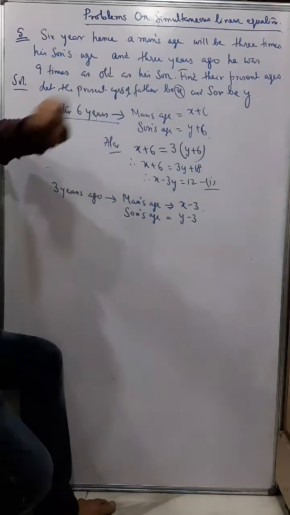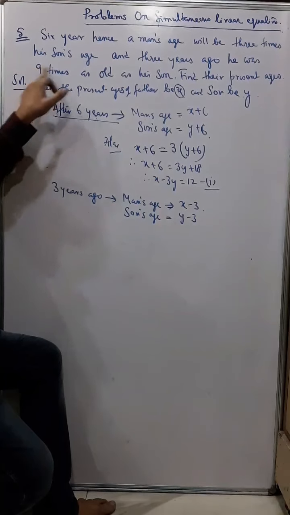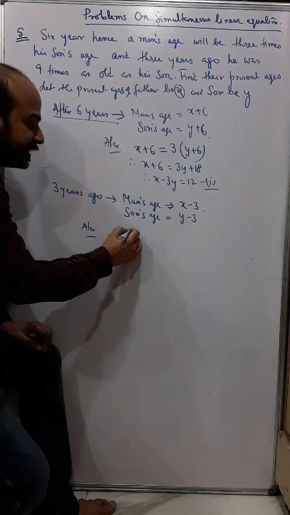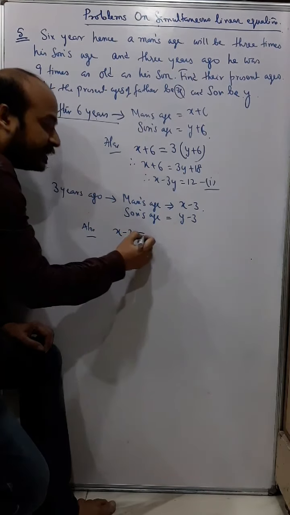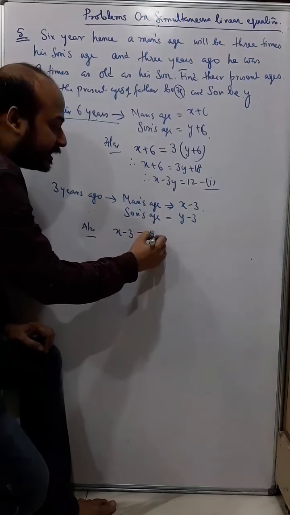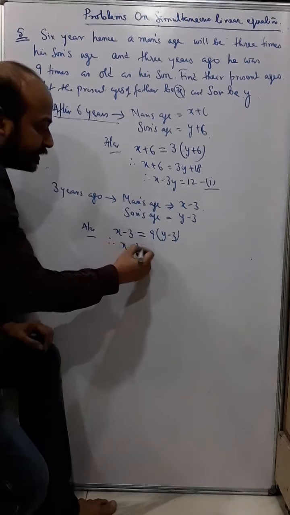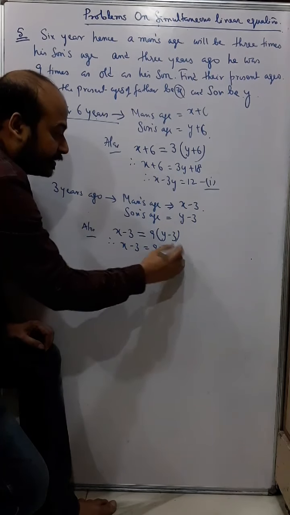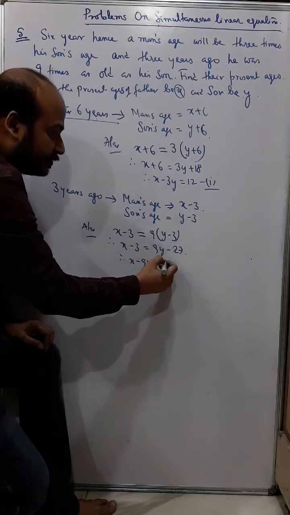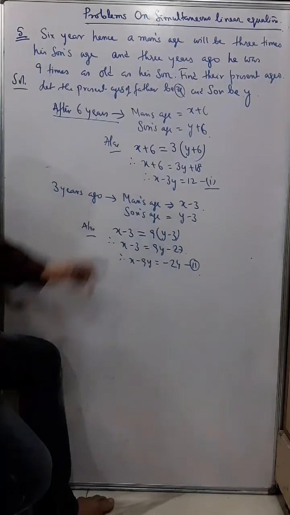And 3 years ago, the condition was that the man's age was 9 times the son's age. So x minus 3 equals 9 times (y minus 3), that is 9y minus 27, and then x minus 9y is equal to minus 24. So you get this as the second equation, and then you can solve it.